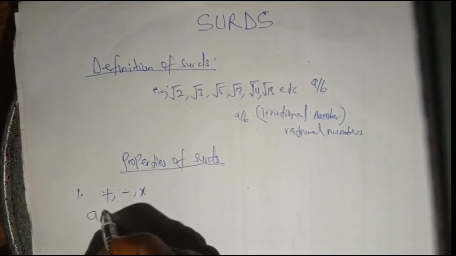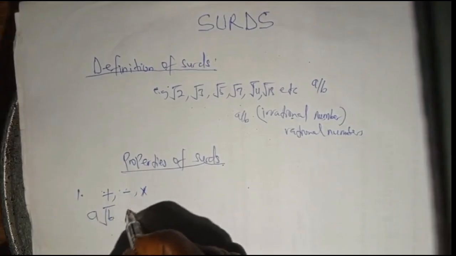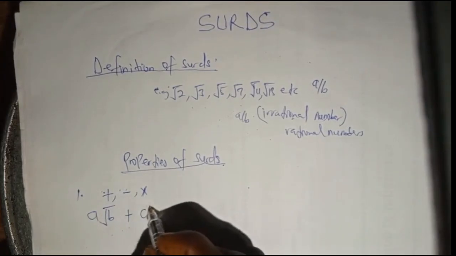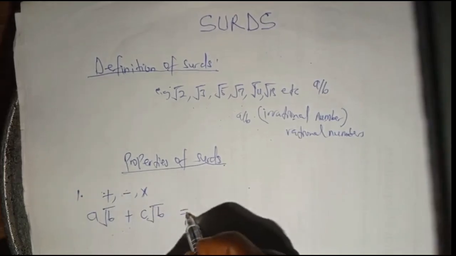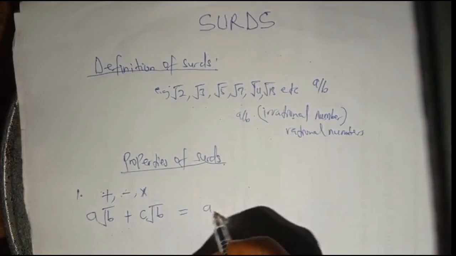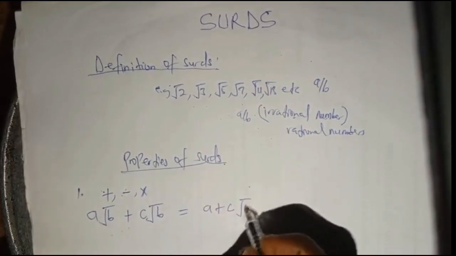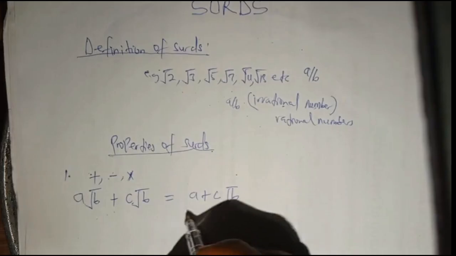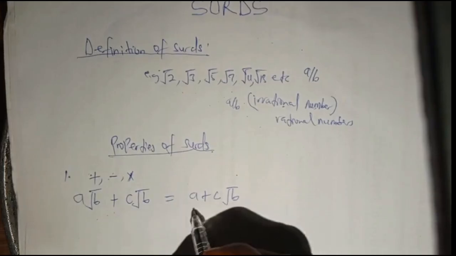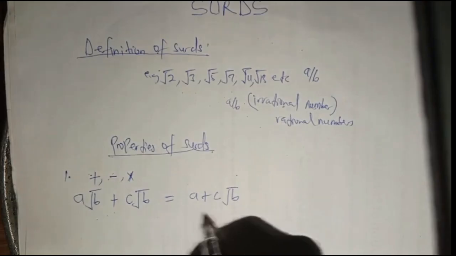Example: root a plus root c gives us root a plus root c. Note that you only add or subtract surds with the same or similar roots.